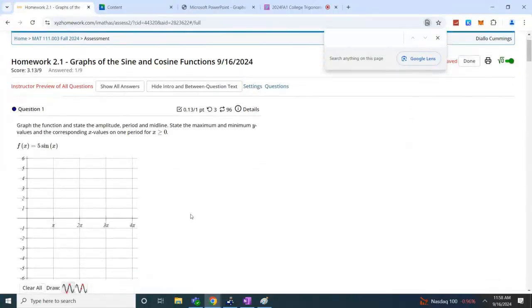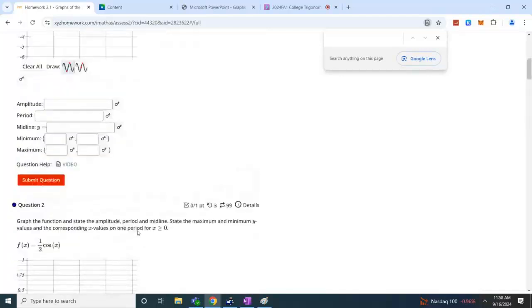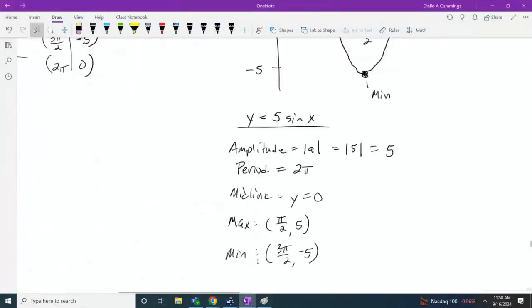So now this is the way I attempted to graph it on the computer. So first off, notice that my hand sketch only goes from 0 to 2 pi. So I don't want to go over here and plot any points. I'm then going to take my minimum point, which is 3 pi over 2 comma negative 5.